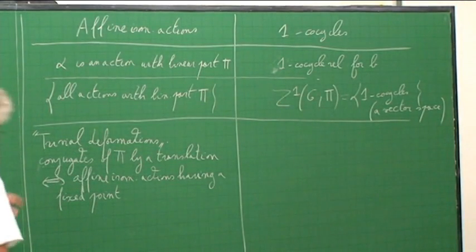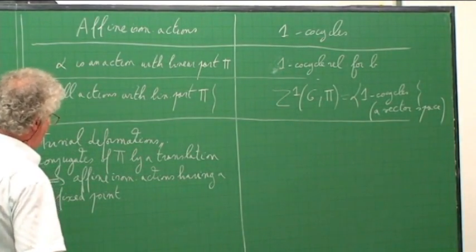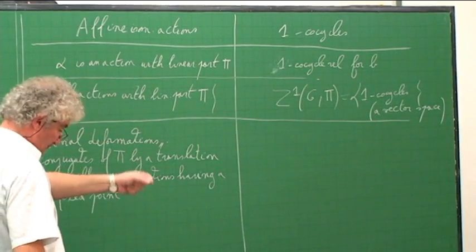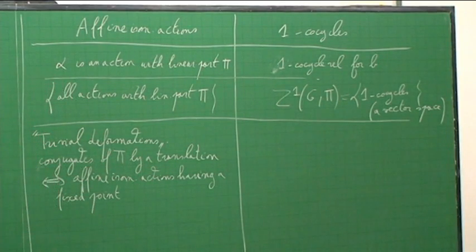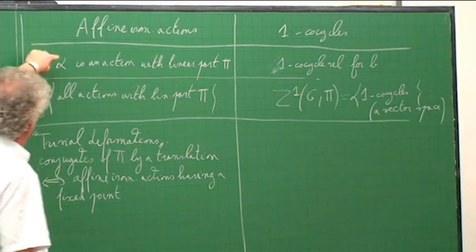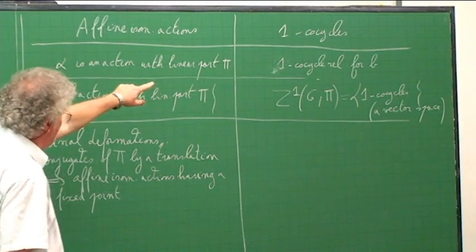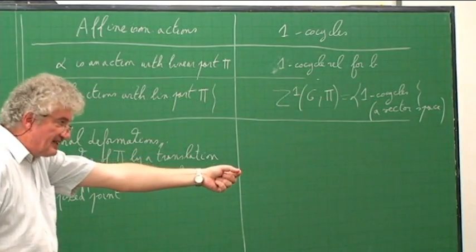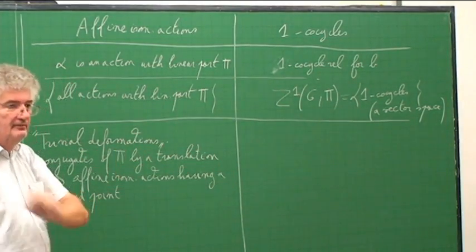Because if alpha is conjugated to pi by translation, clearly alpha will have a fixed point. But the converse is also true. If I tell you that alpha is an action with linear part pi, and that alpha has a fixed point, we may use that fixed point to conjugate back to pi.